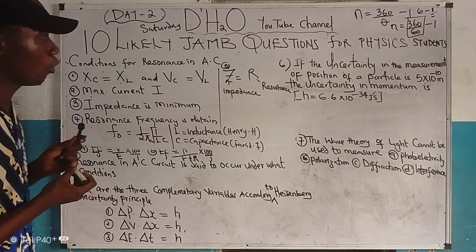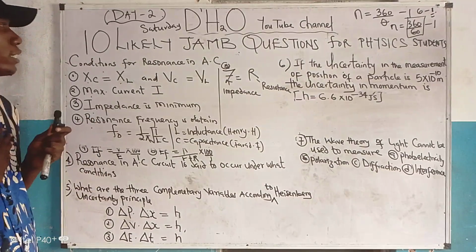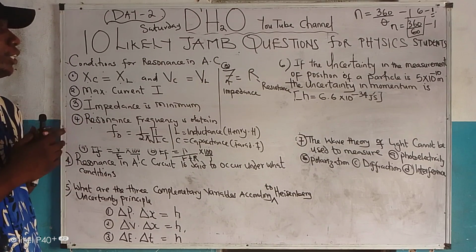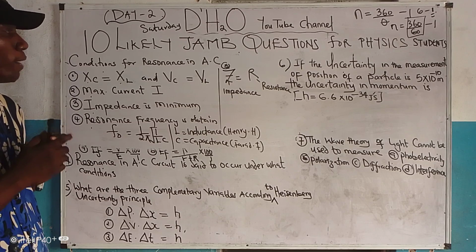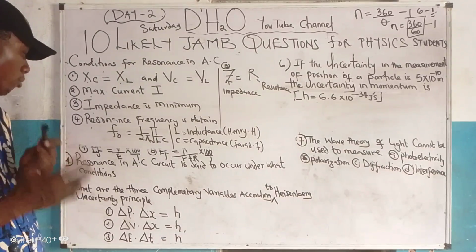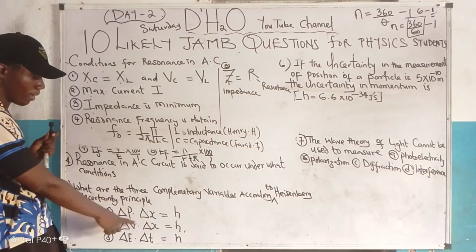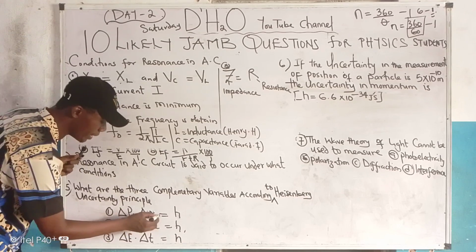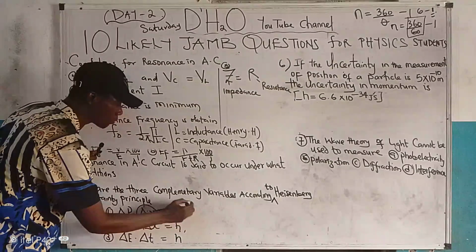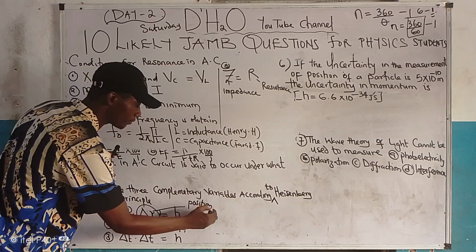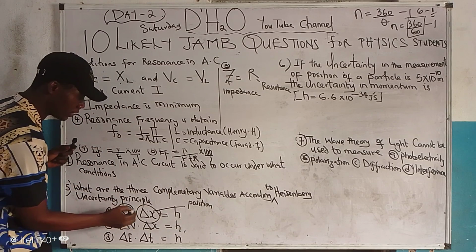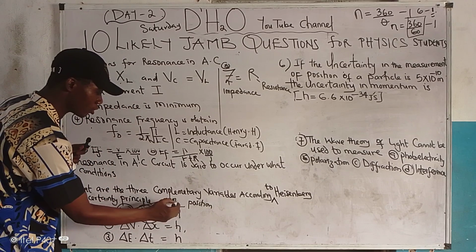Take note of that. Now, question number 6: if the uncertainty in measurement of position of a particle is this, what is that in momentum? So you have momentum and position. Please, I beg, write down. This one is position. This one is momentum.